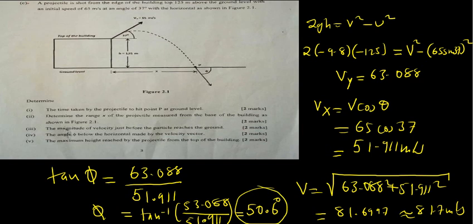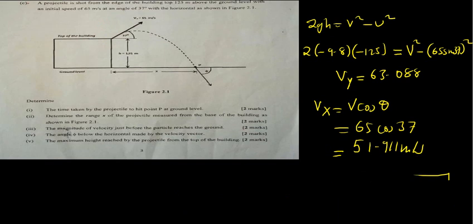Then the last one: I want to determine the maximum height reached by the projectile from the top of the building. All we are looking for is, this is the top of the building, just how far it has gone up to that point. How do we calculate that? We're going to say 2gh is equal to v squared minus u squared. So 2 times negative 9.8 times h. Final velocity on top is 0.